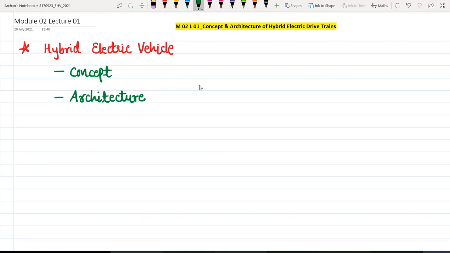Okay, so starting with the concept of hybrid electric drivetrains, any vehicle powertrain is required to develop sufficient power to meet the demands of vehicle performance, right?